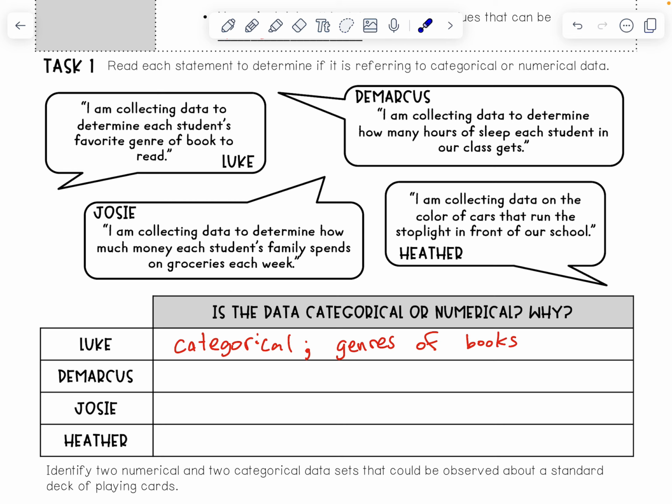Let's look at DeMarcus. He says, I'm collecting data to determine how many hours of sleep each student in our class gets. So he's trying to figure out how many hours of sleep. I would say that is numerical, because it's not like there are different categories of sleep. Numerical data, and it is the number of hours of sleep.